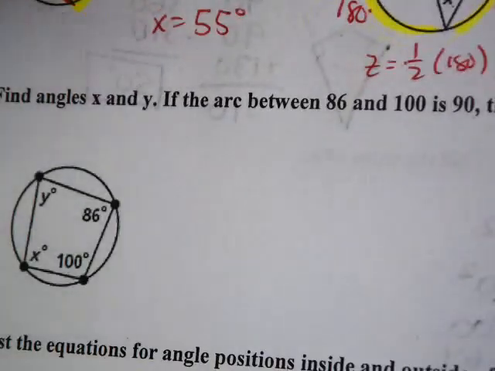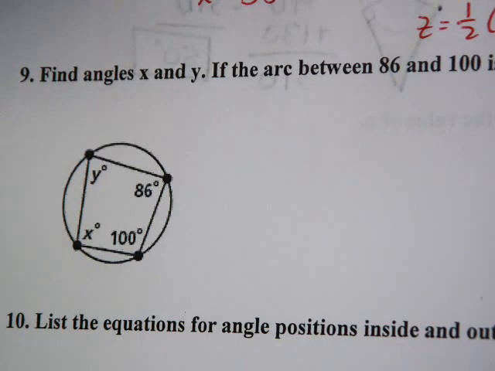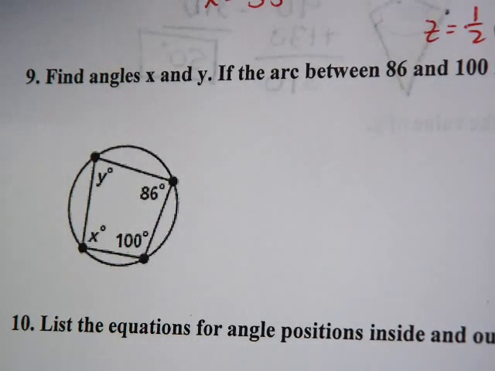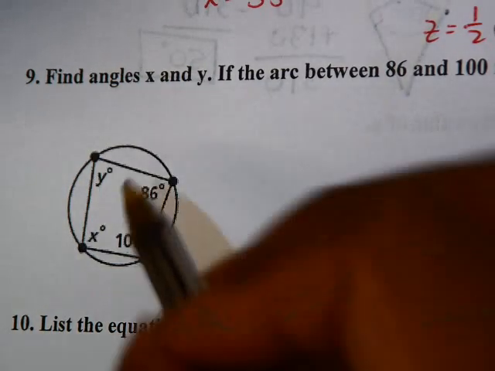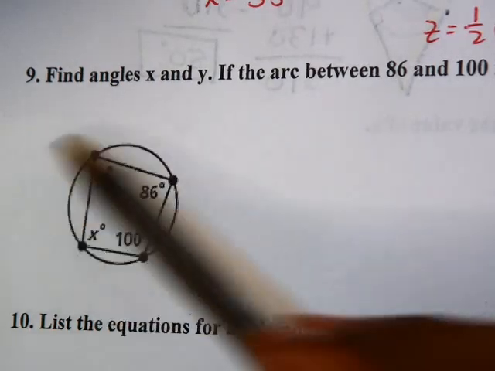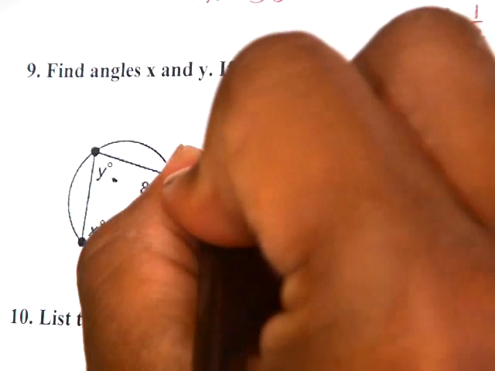So for number 9, we're supposed to find the angle measures for x and y. If you have a quadrilateral, a four-sided shape inside a circle like this, the opposite angles are supplementary.